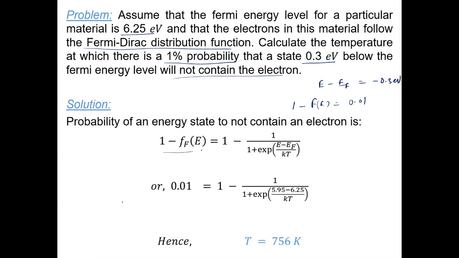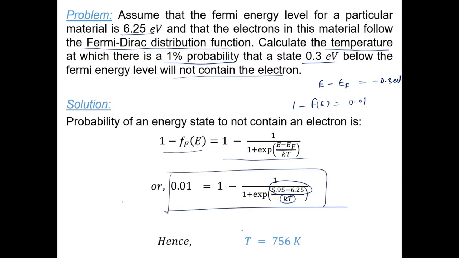So 1 minus F, we change that. As I said, E minus EF is equal to minus 0.3 electron volt. You feed that number here and you have to calculate the temperature. The temperature is something that we don't know, but we equate all of this and we get the temperature equal to 756 Kelvin.